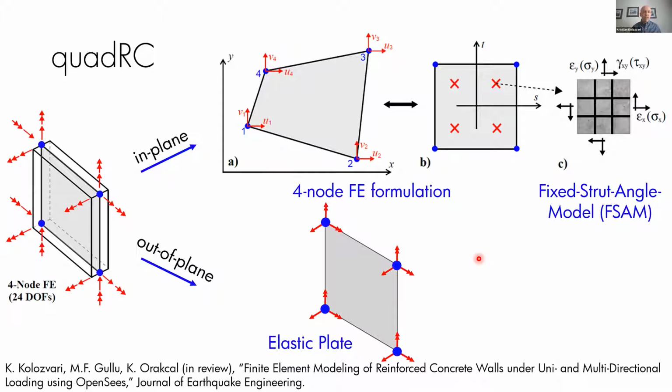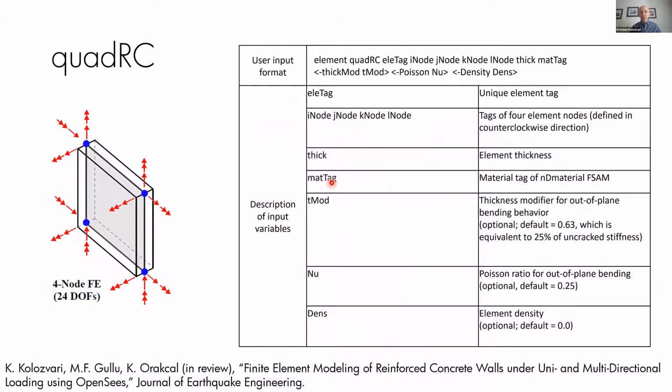So it's a practical finite element type of model that you can use for three-dimensional analysis of walls or any other area elements made of reinforced concrete. Here are the input parameters, pretty standard. It's again 4 nodes, thickness, material tag related to the fixed strut angle model, and the same optional parameters for thickness, density, and Poisson ratio.